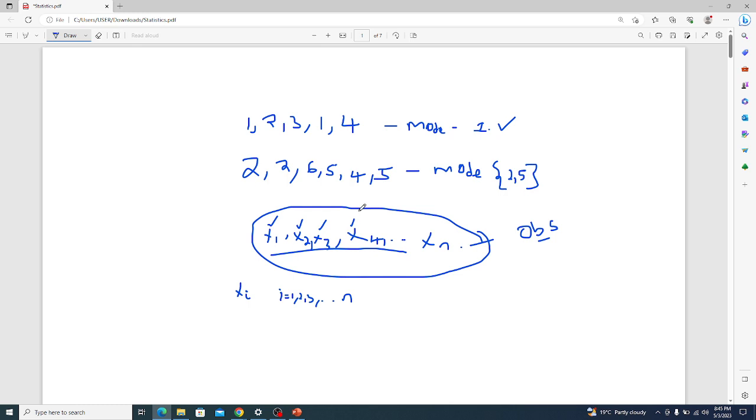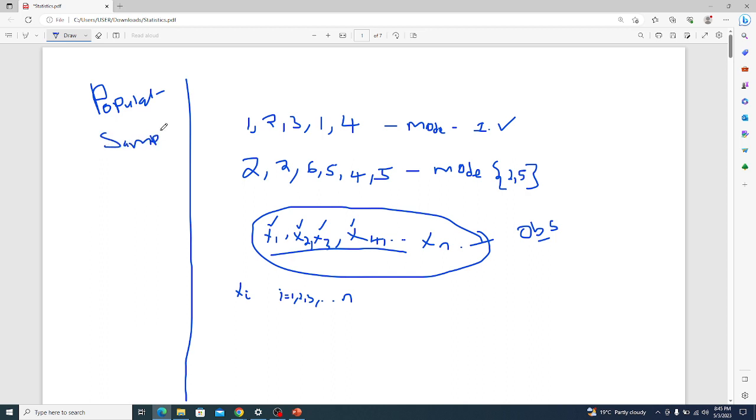So we can calculate the mean, that is x bar. Before I come to that, remember we have two categories of data sets: population data and sample data.